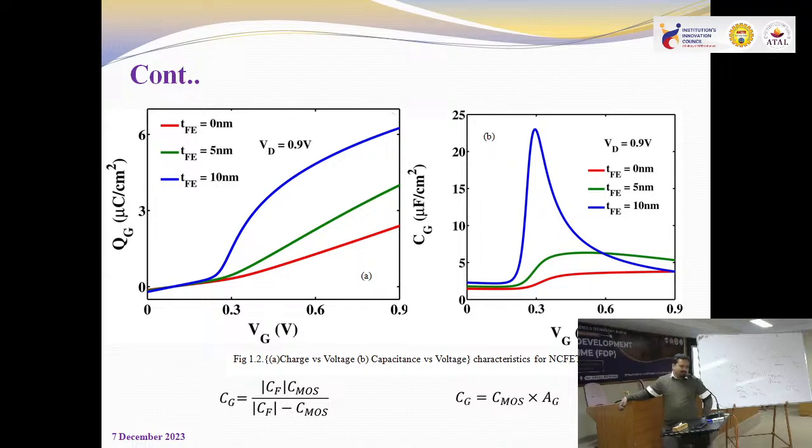What will be the gate capacitance? It is the series combination of CF and CMOS, because below the ferroelectric there is a MOSFET.